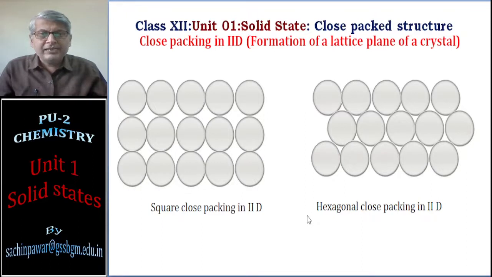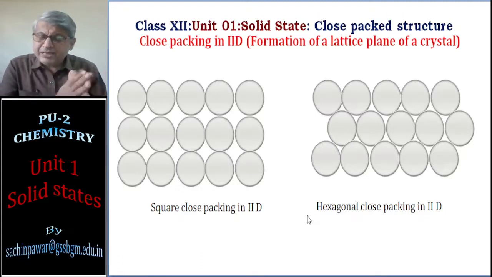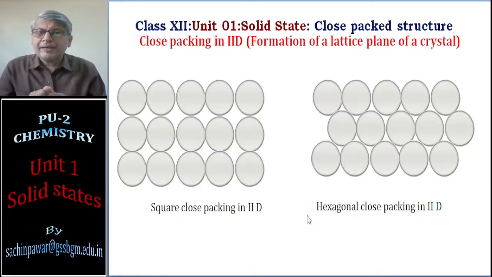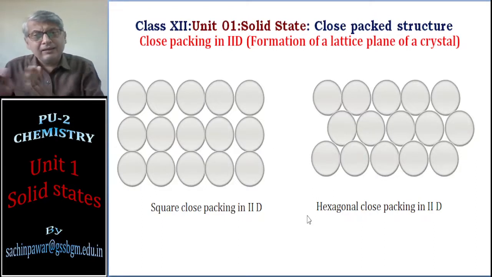Therefore, when I compare the efficiency of the packing, since more particles are packed in less space, hexagonal close packing is the best one. Square close packing is a little less feasible, because the gap between the particles is more.